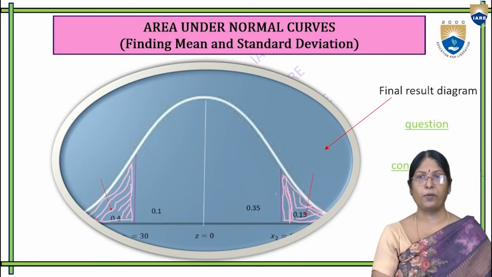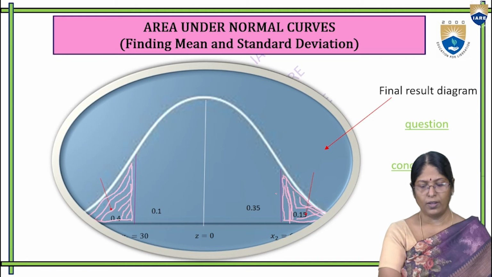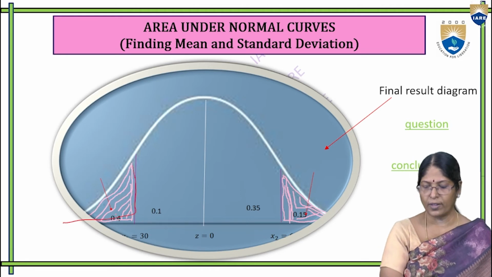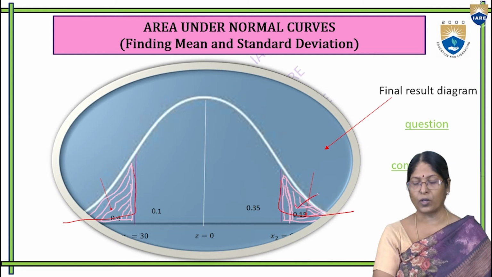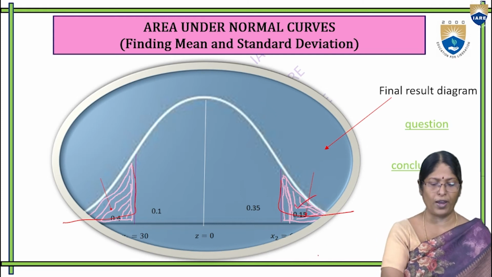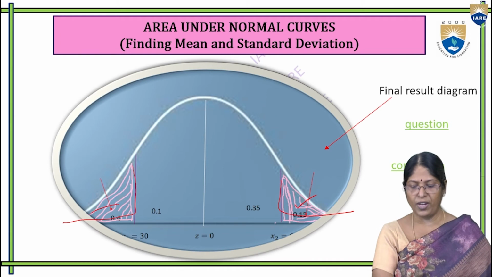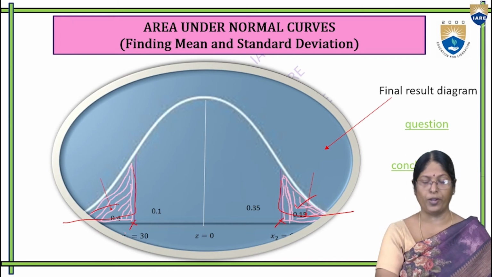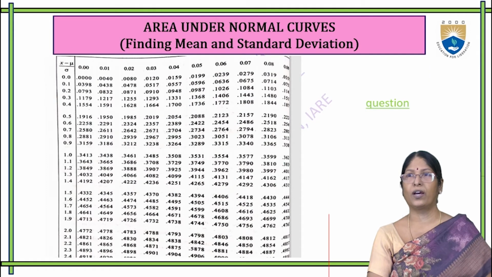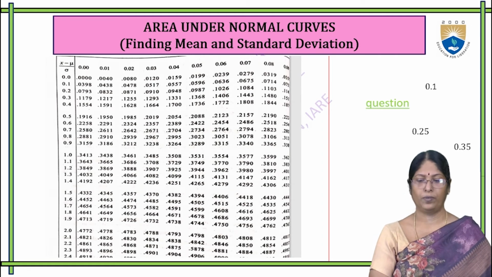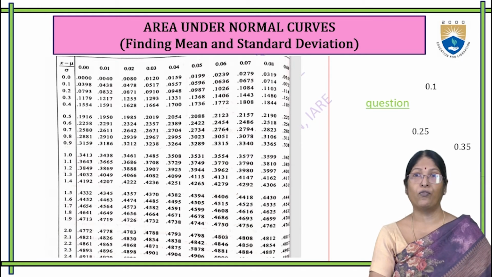Yes, the same diagram as the previous one, the shaded part is clearly given. According to the question, 0.15 is given. We needed this point, that we will see now. To see that point, we needed 0.1.